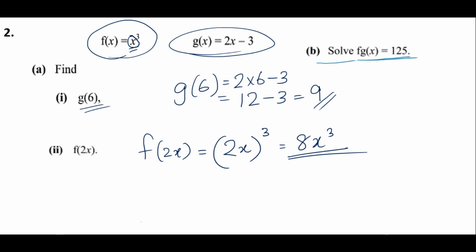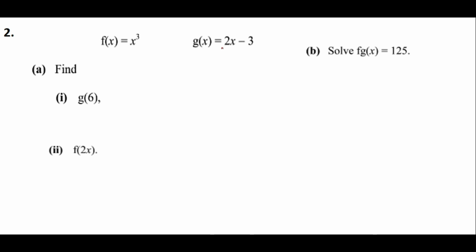Now I have question B, solve f of g of x is equal to 125. Let me just erase the space. Now g of x is 2x minus 3, and f of g of x means you're going to put the value for g of x in place of x. So g of x in f of x is going to look like this: f of 2x minus 3 is equal to 125.